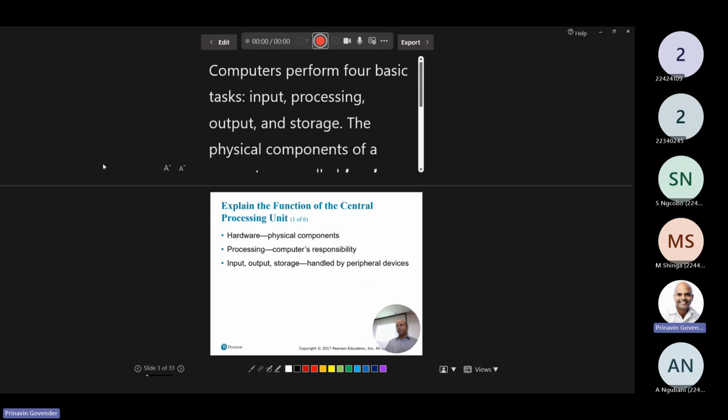So, very briefly, a hardware device is something that you can touch, feel, hold, see. This monitor in front of us, this data projector, this mouse, it's physical.